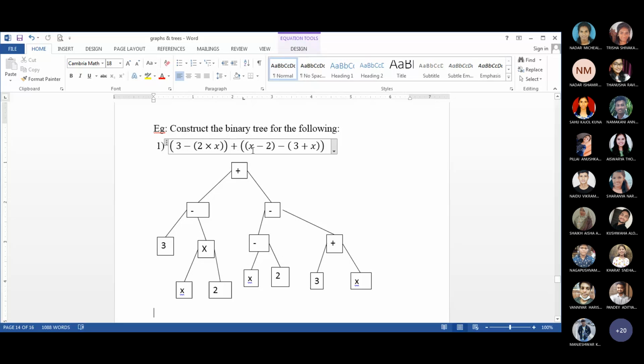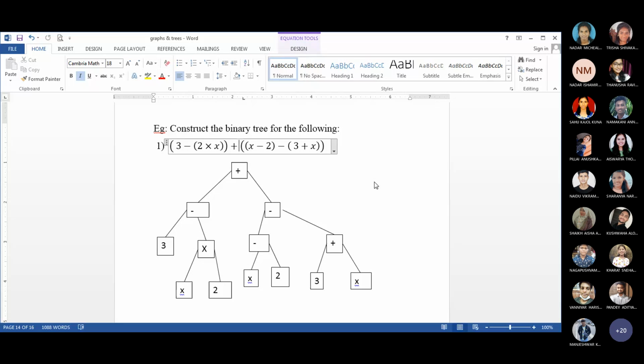So you can see this expression, 3 minus 2 into x plus x minus 2 minus 3 plus x. In this case, this addition sign, this plus operator acts as my central operator, because on its left there is an expression and on its right there is an expression.